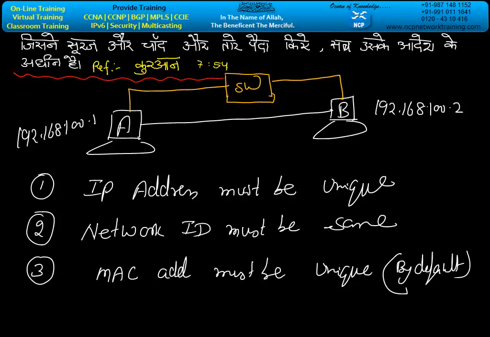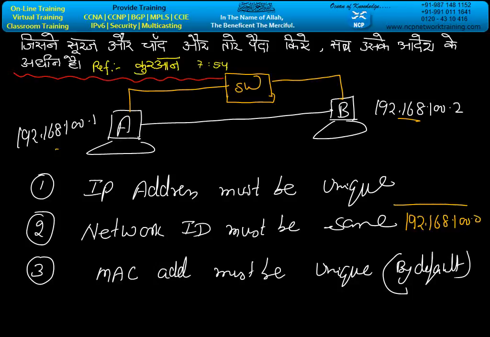IP address must be unique. If 2 machines have the same IP address, we will get a message on the console of the window: IP address is conflicting, a pop-up window appears. We have the unique IP address. NID must be the same. We have the same NID, 192.168.100.0.